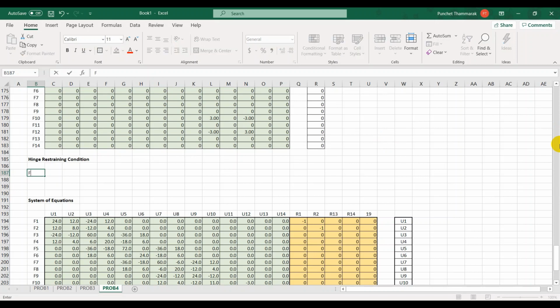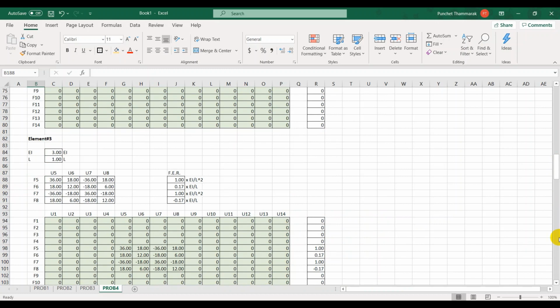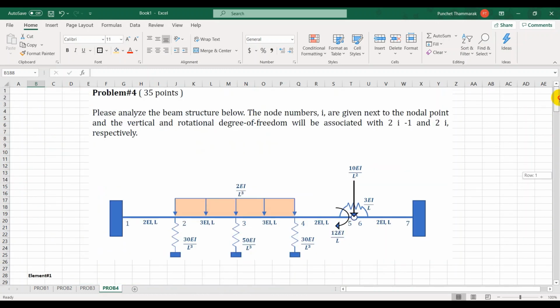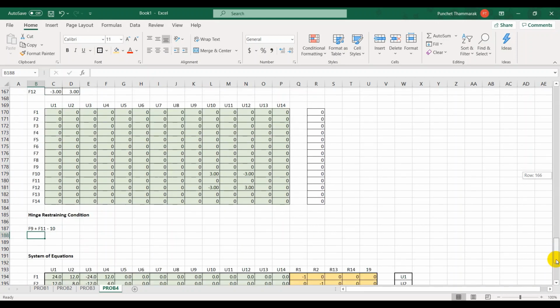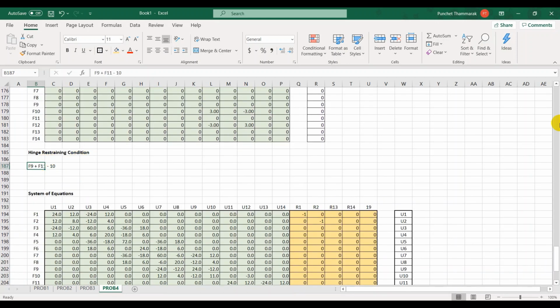So at the hinge, F9 plus F11 minus the downward force, which is something like 10, is all equal to 0.